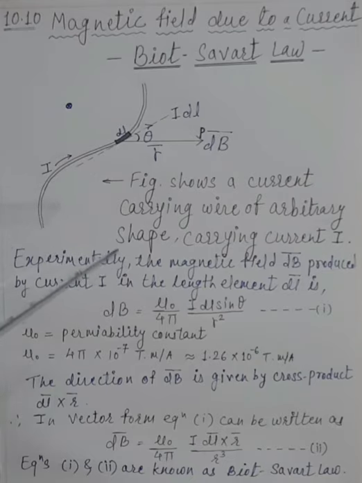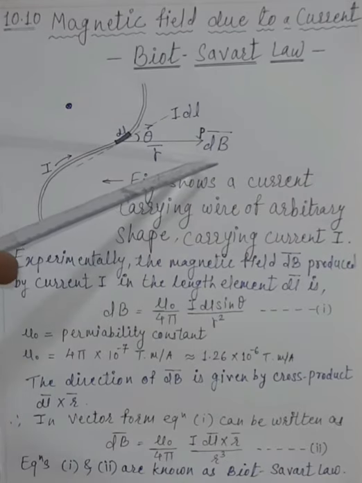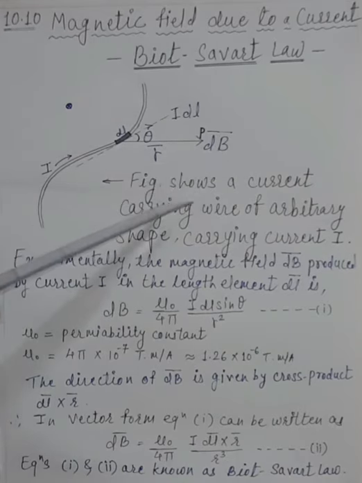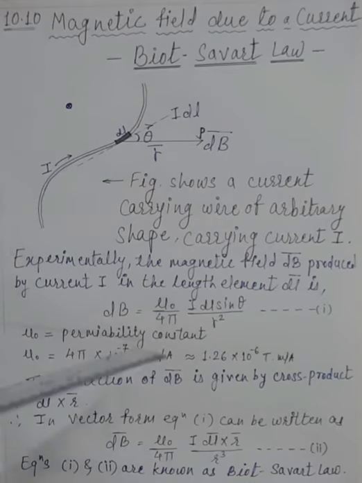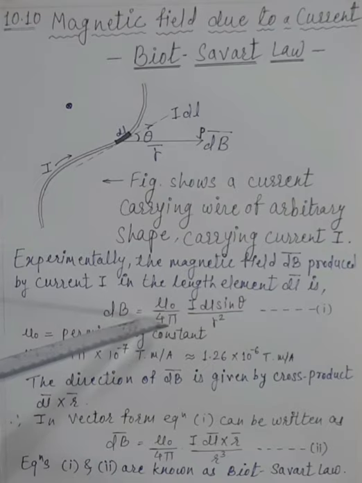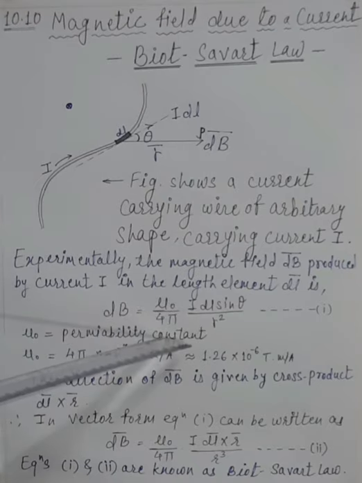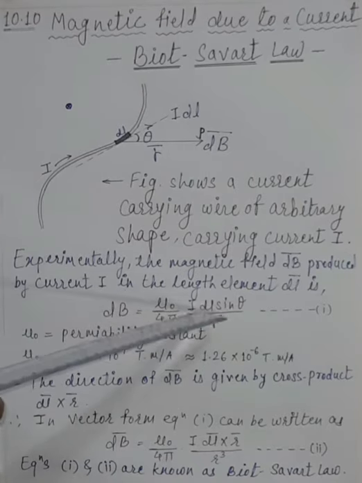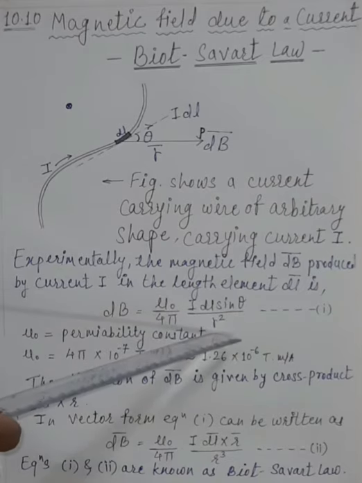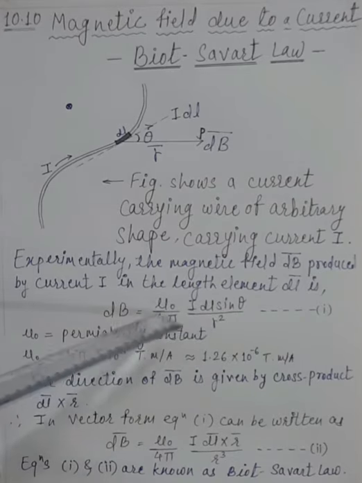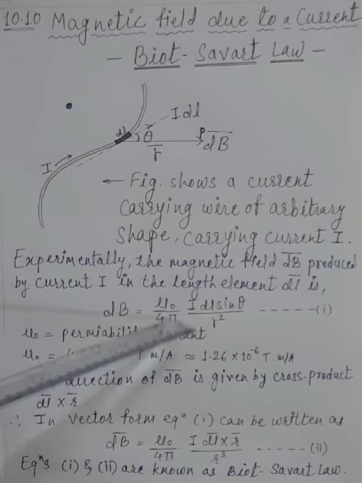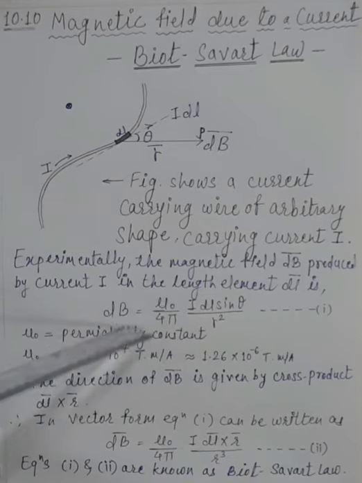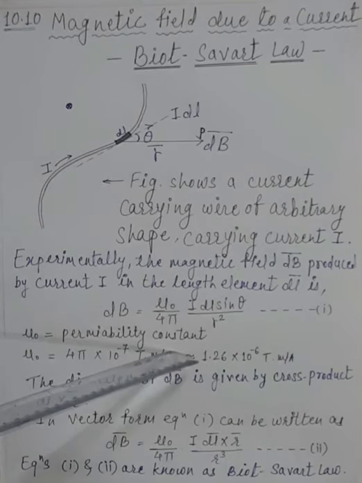Experimentally, the magnetic field dB bar produced by current I in the length element dl is given by dB equal to mu 0 upon 4 pi I dl sin theta upon r square. Here mu 0 upon 4 pi is a constant. Mu 0 is called the permeability constant.